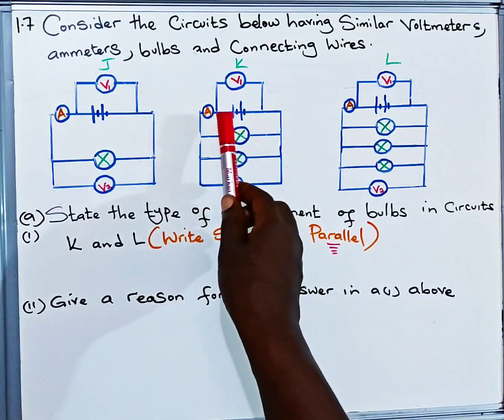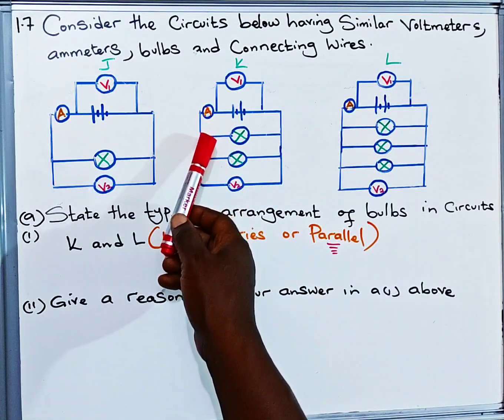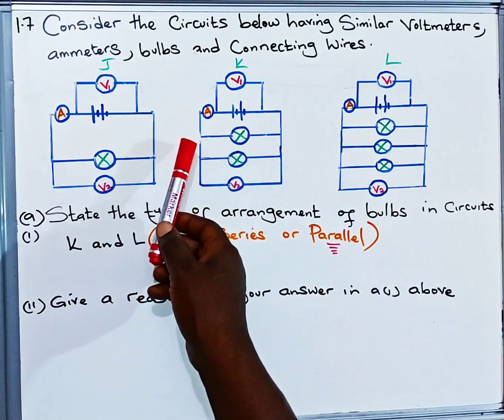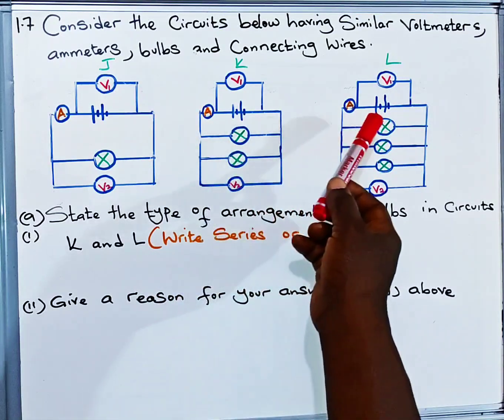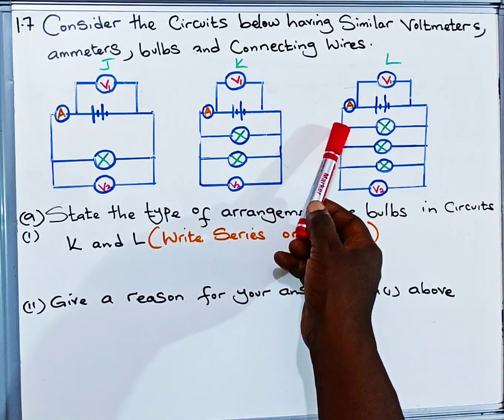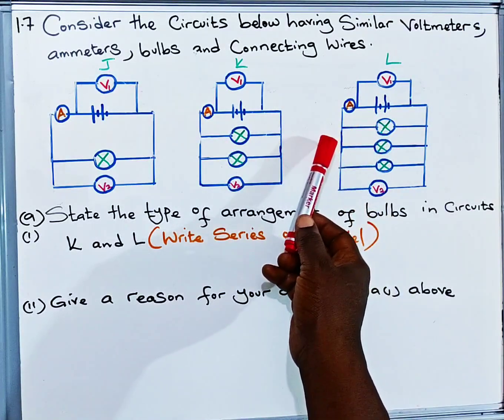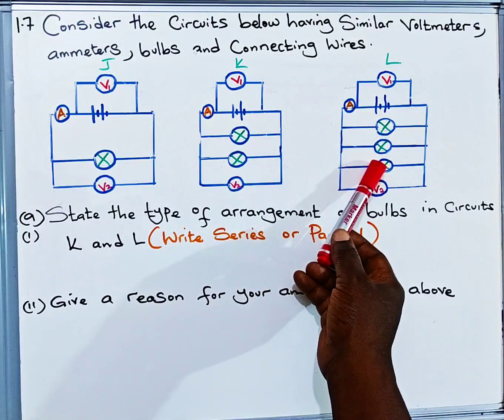So what we mean is that when current comes, it reaches a junction and divides, part of it passes here and another part passes here. The same applies here. When current comes here, part passes here, another one passes here, another one passes here.